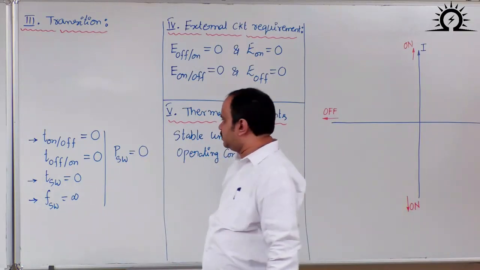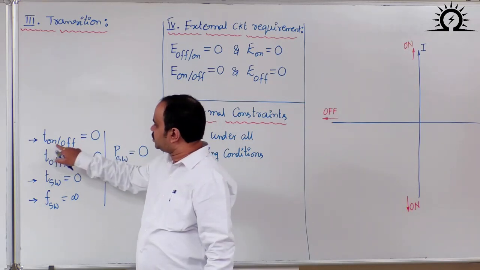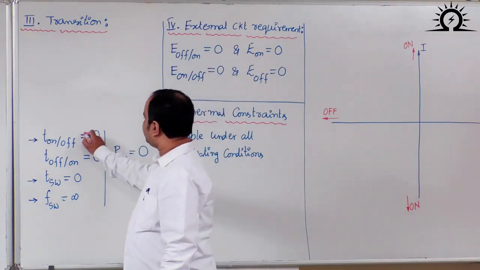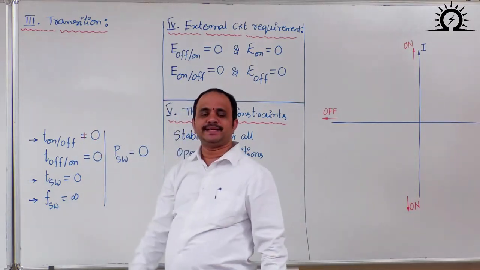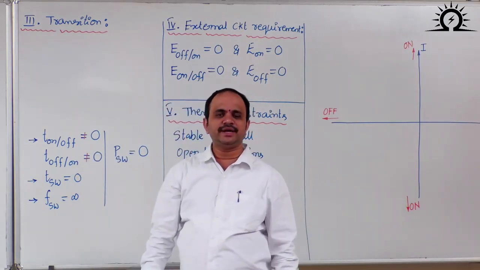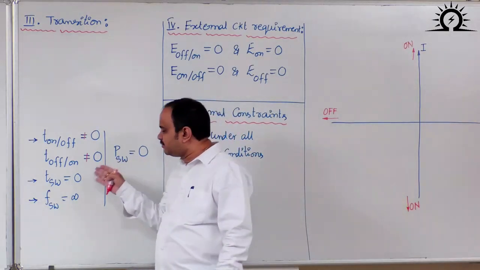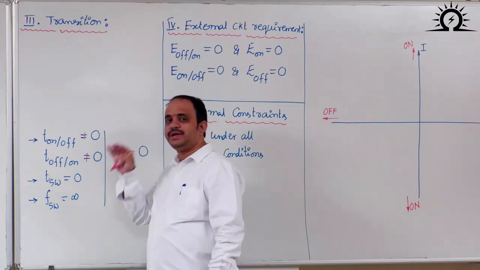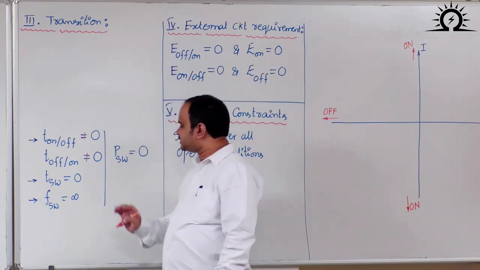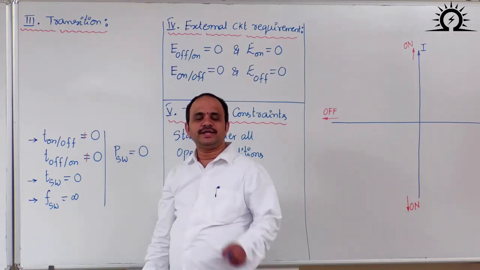Now in the transition, earlier we told that the time taken for on to off transition was 0, the ideal property. But practically it is not exactly 0. Similarly, off to on transition is not exactly equal to 0. What will happen in the transition interval, we will discuss in the next lecture. So in this lecture, we can say the transition of a real switch is not instantaneous.